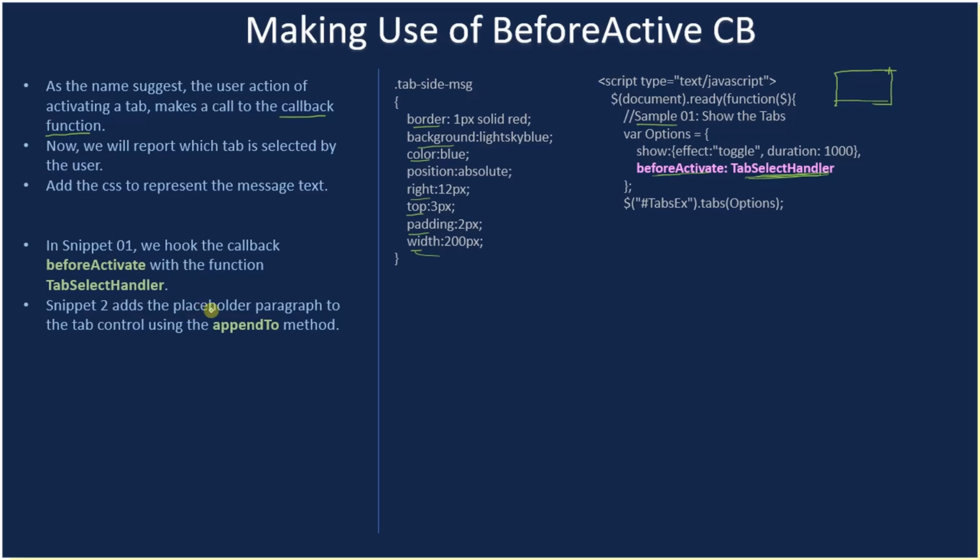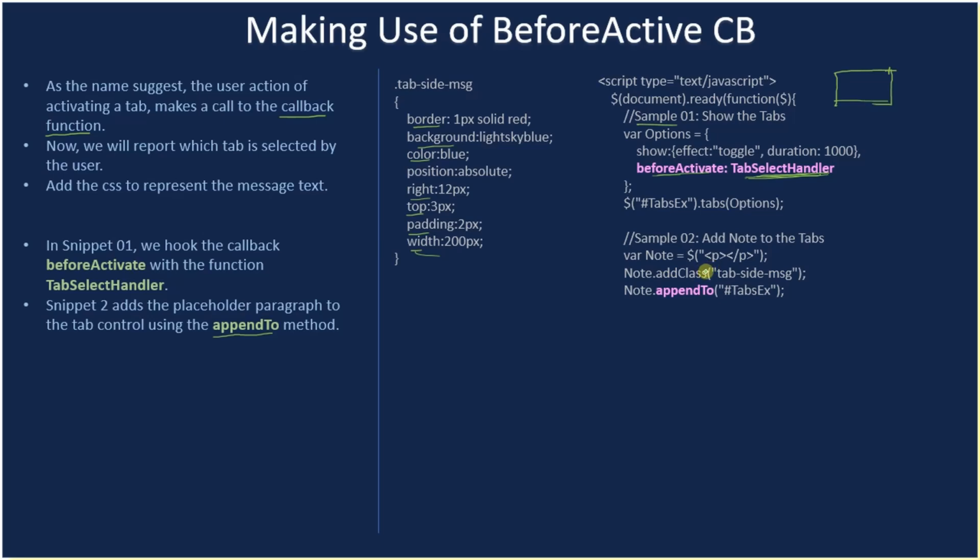Snippet 2 adds a placeholder paragraph to the tab control using the appendTo method. Here, if you see, note, here we are forming the element. This is the paragraph, with opening and closing angle brackets. With the dollar, we can make the selection, and we can create dynamic content also.